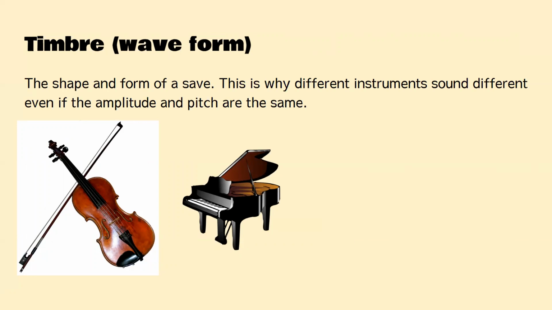This is why different instruments sound different, even if the amplitude or pitch are the same. So if a violin plays an A and a piano plays an A, the exact same pitch, the exact same volume too, like they have the same wavelength and dynamic amplitude, they may sound different because of this timbre.